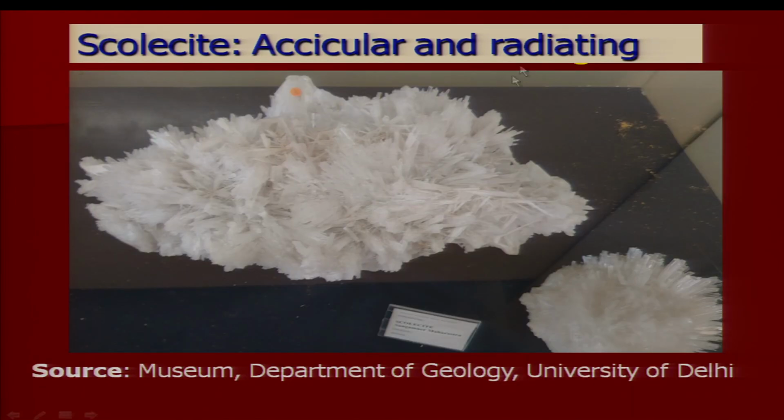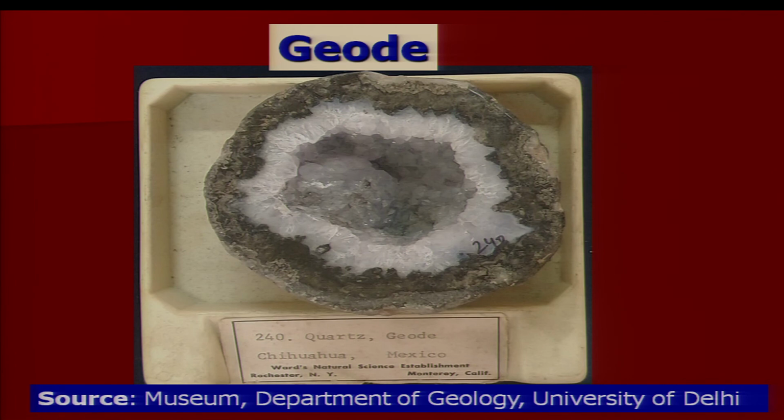Here is the example of acicular habit, needle-like crystals or radiating crystals. Radiating crystals from the center are developed outwardly, and this habit is called acicular or radiating habit. What I was discussing about the geode, this is a geode which occurs in basaltic lava flow terrain.